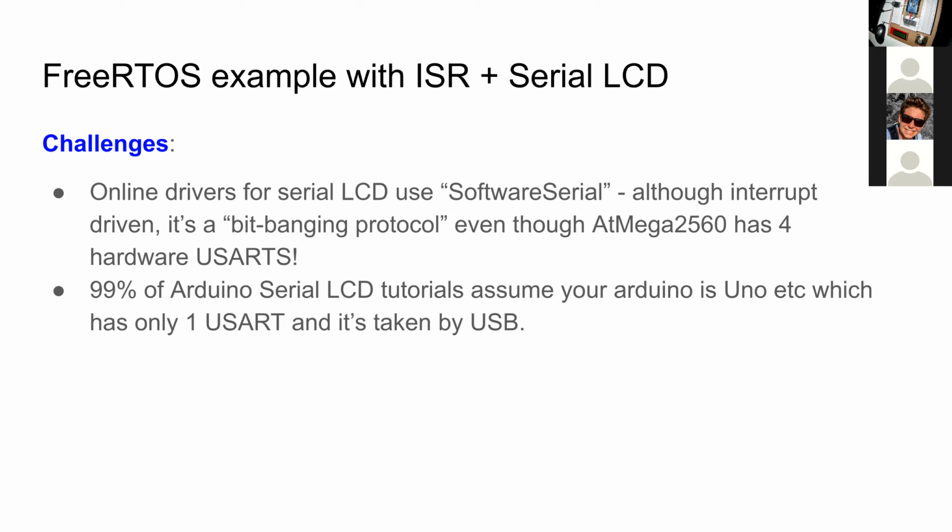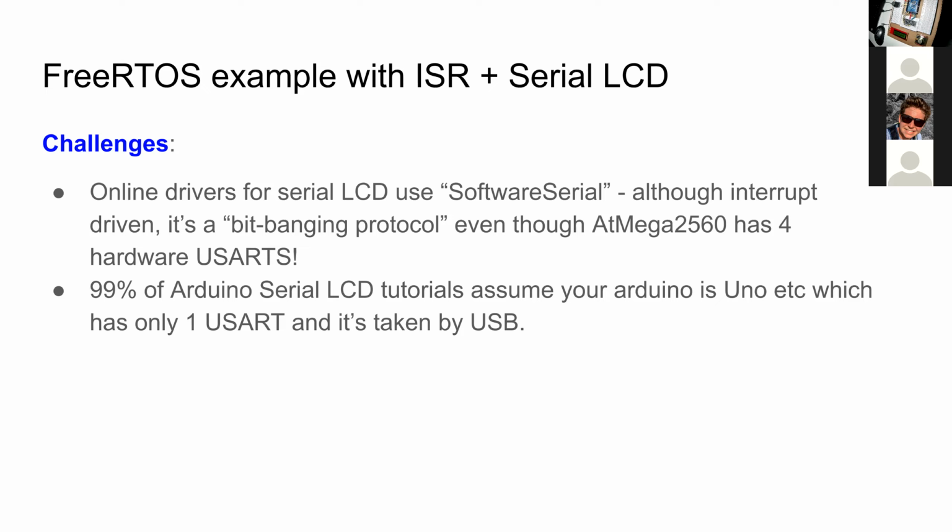The reason all the tutorials online use software serial is that the smaller Arduinos like Uno, Pro, Micro, Due, all those other Arduinos only have one serial interface, which is called a USART, Universal Synchronous Asynchronous Receiver Transmitter.